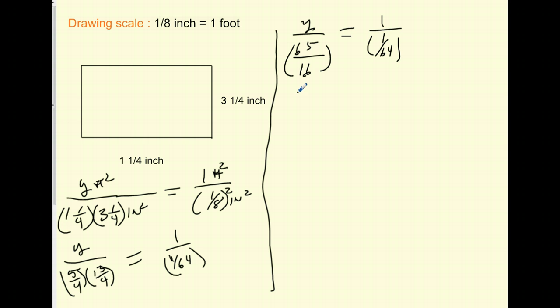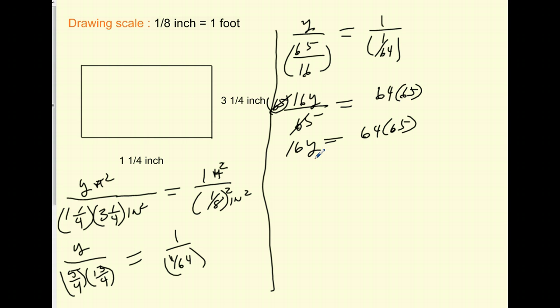And we invert and multiply that. 16y divided by 65 is equal to 64. So multiply both sides of this by 65. The 65's cancel. So that's 16y is equal to 64 times 65, divided by 16. The 16's cancel.